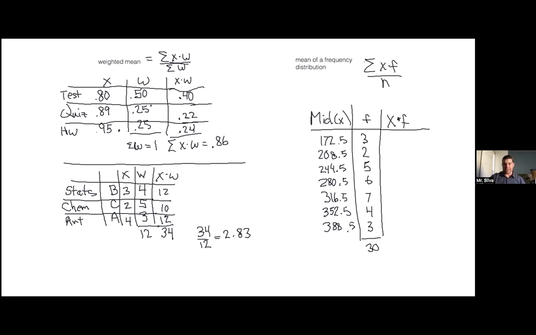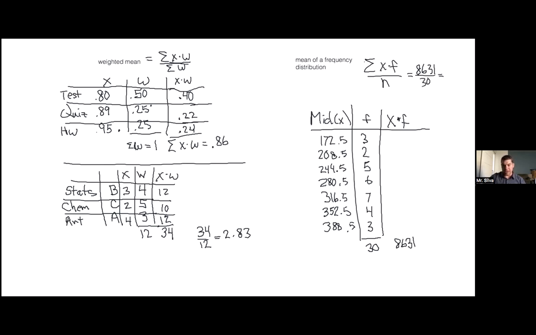So once I multiply all these together and add them up, the sum of x times f is 8631. So now I'm going to calculate what's 8631 divided by 30. That is your mean.